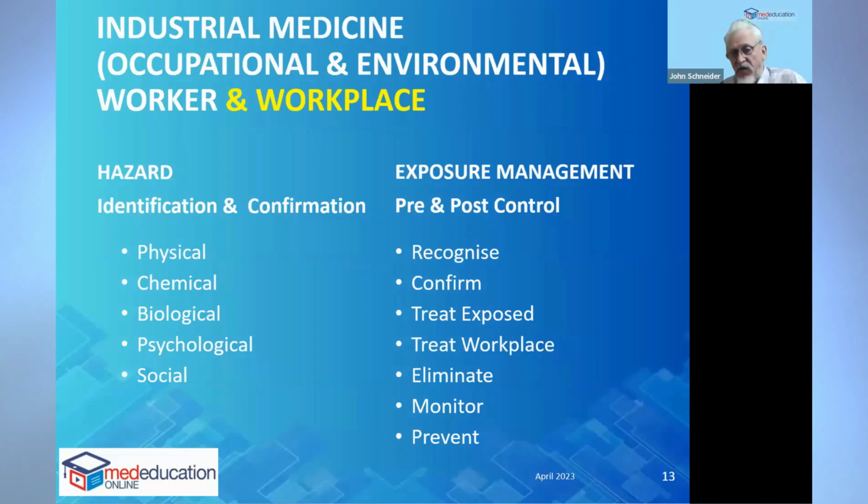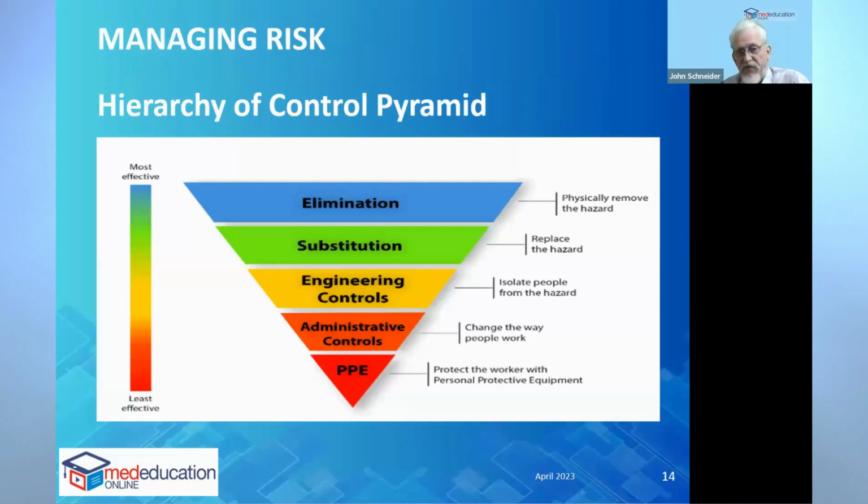There's no point in treating symptoms without treating the cause of those symptoms, as hopefully everyone attending this meeting is concerned about. And for the management of the risk, we use the hierarchy of control pyramid that's also on the internet.